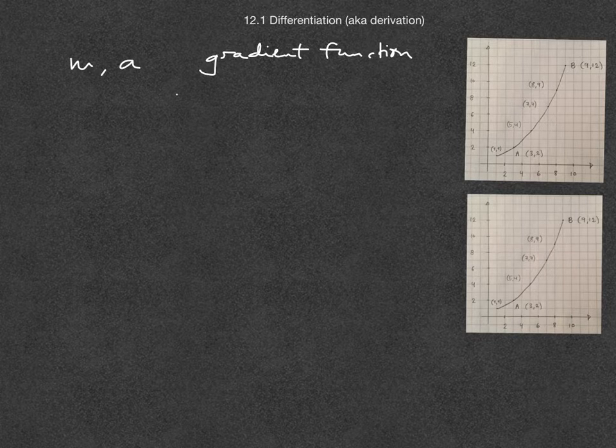So if we have a function called y and it's equal to 2, so this is a function y equals 2. Now if we wanted to find the gradient of that, we could take a look at what y would look like.